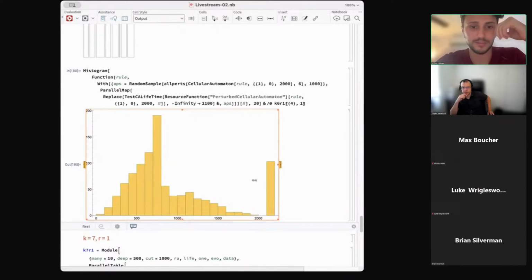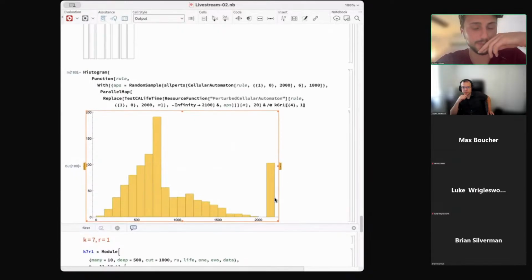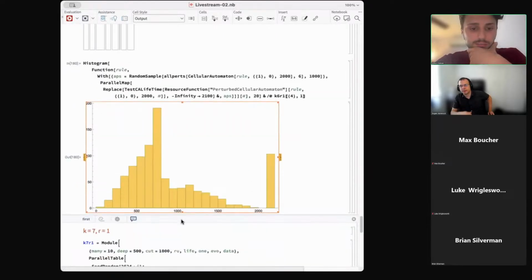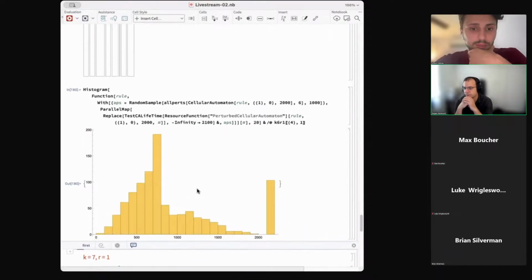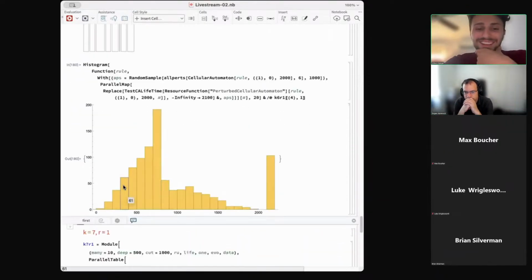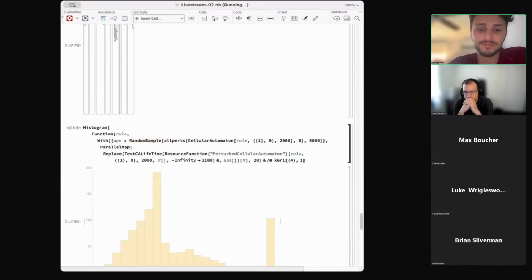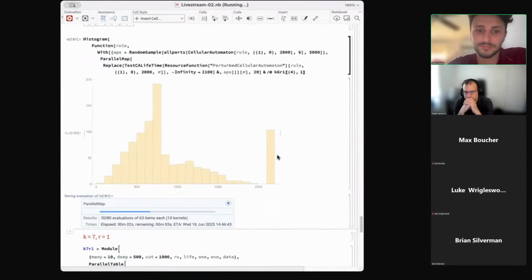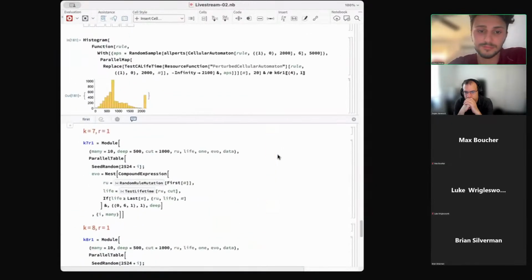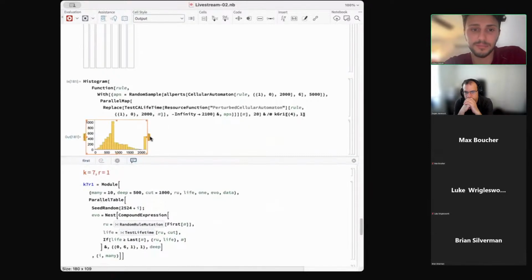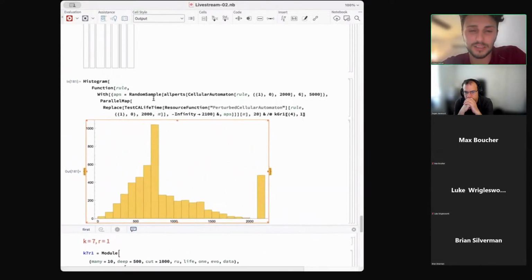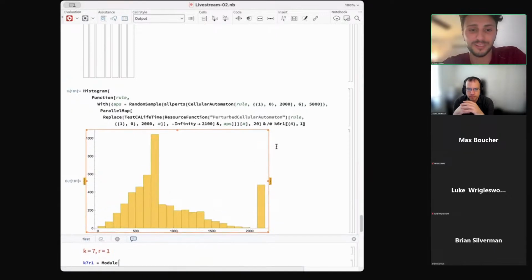But these are now the infinite patterns. Again, this one is an interesting distribution. Let's see what happens if we do more. Yeah, same. It's kind of weird because on the left side it's one distribution, and on the right it's another.